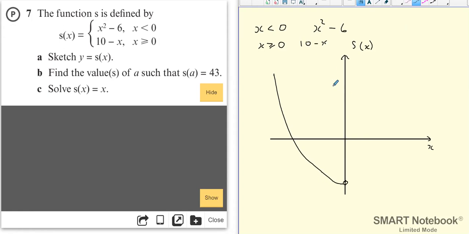So that's now a straight line, negative gradient, y-intercept of 10. But at 0, we are including that. So I'm going to have a solid circle there, and a straight line that starts there and goes on forever in that direction. Okay, does that make sense? And that is the full sketch. Can you please let me know in the chat if you are happy with that?